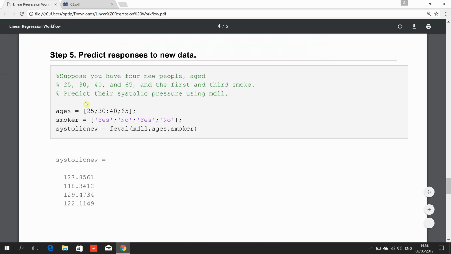Say you get 4 new people with their ages, and then their smoking is there. So they are a smoker, they're not a smoker, they are a smoker.